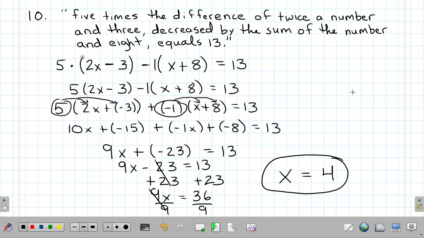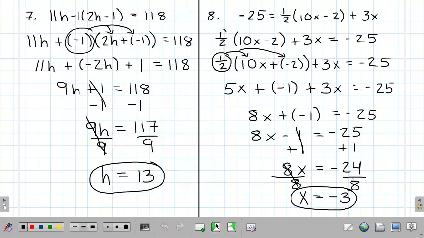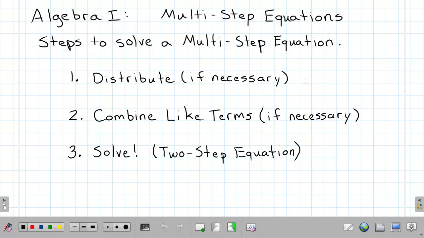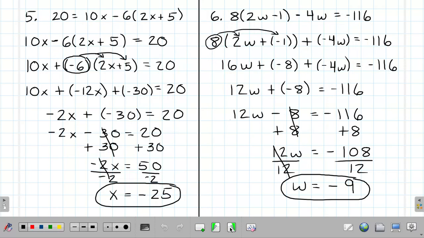The big thing in total, okay, if you don't take anything else away from this, do not be afraid to write your expressions as sums, okay? Notice every single example I've gone through, I've written it as a sum. That way I can easily distribute and I can combine like terms. And then the last step, that should be the easiest at this point, is just to solve a two-step equation, okay?